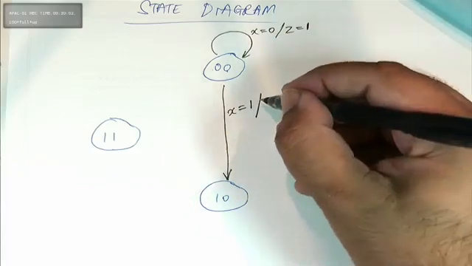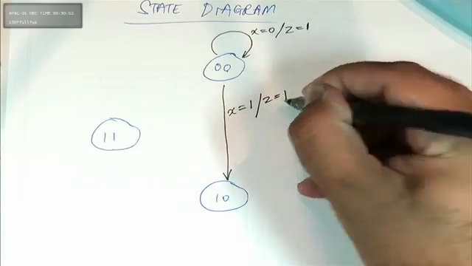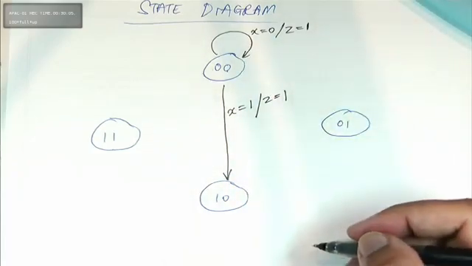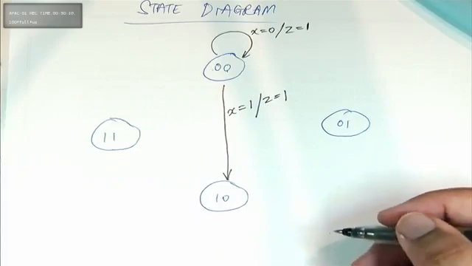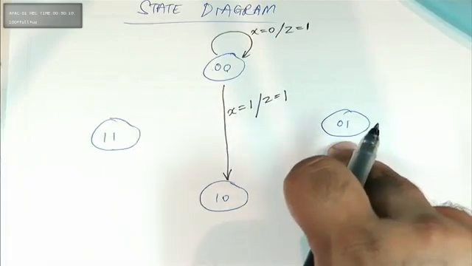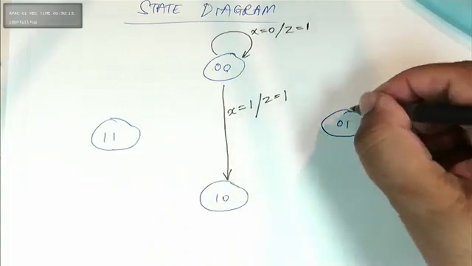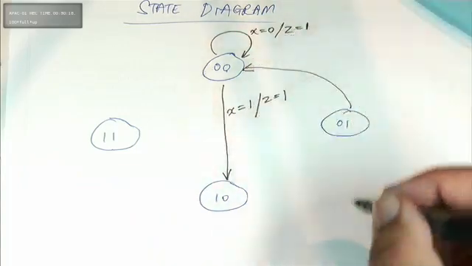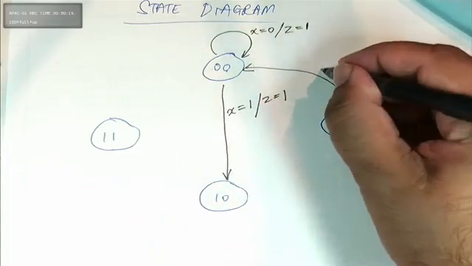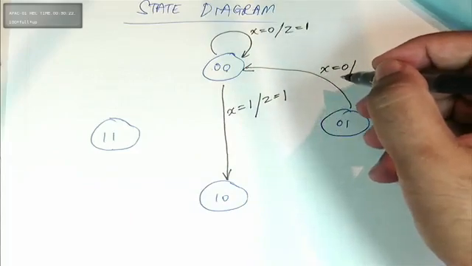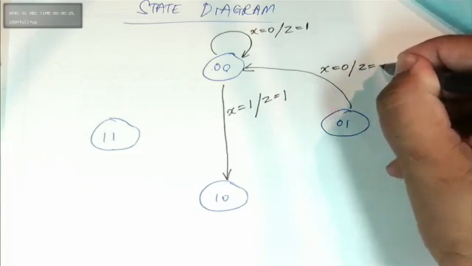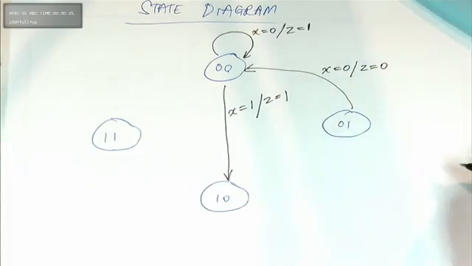Z is equal to 1. Am I correct? Okay, now let's look at the third line. 0, 1 becomes 0, 0. X is equal to 0. Z is equal to 0.